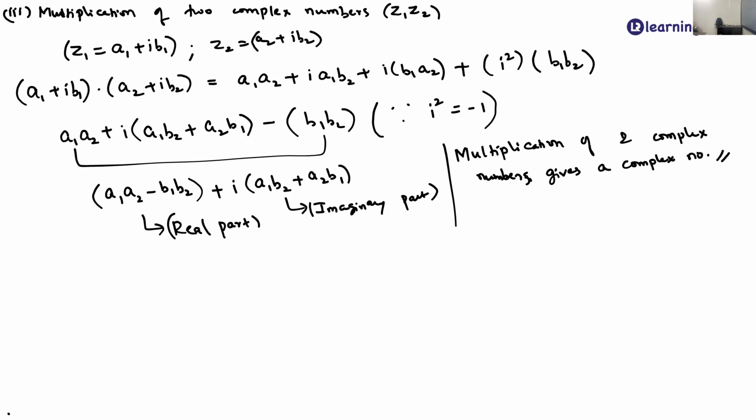Okay, listen to this. Multiplication of two complex numbers gives a complex number.